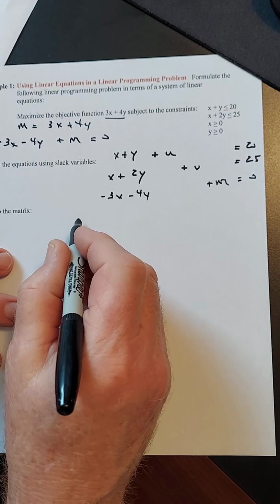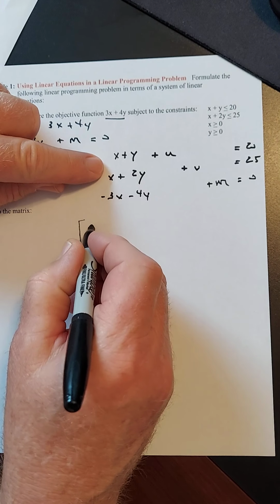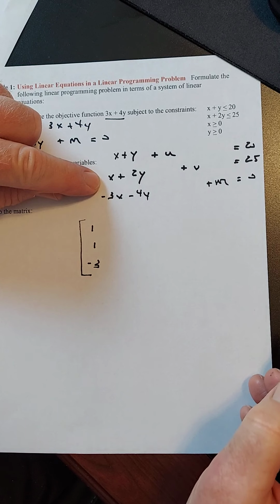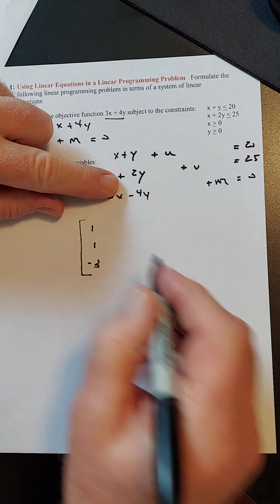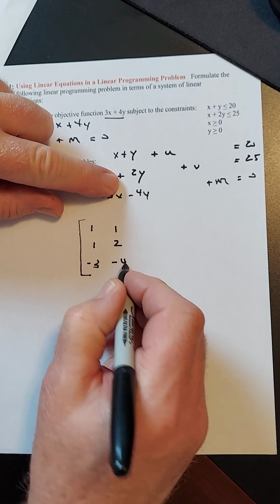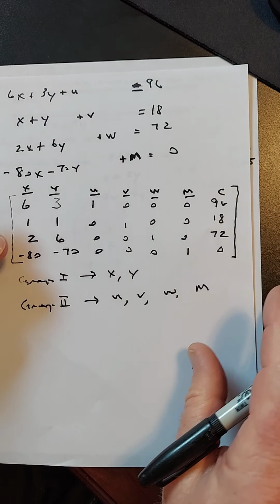Okay, so now let's set up the matrix. So I got a 1, and a negative 3. Then I'm going to have a 1, 2, and a negative 4. Now, let's flip back over to the other page, because I want to show you something here.